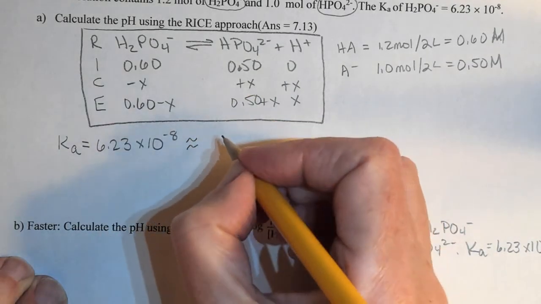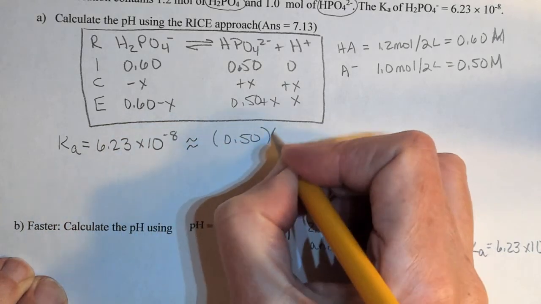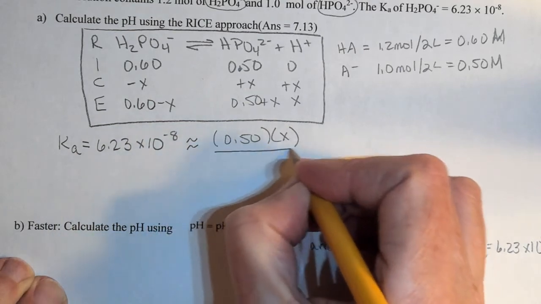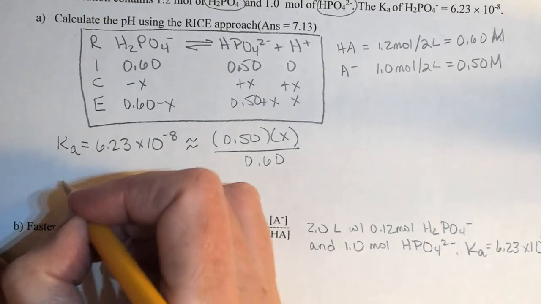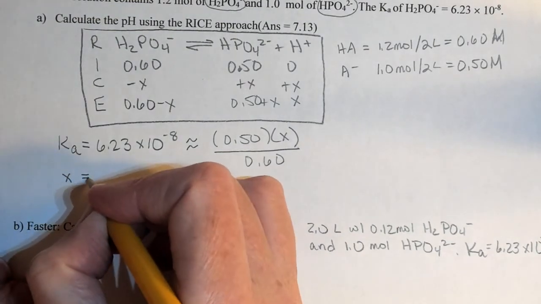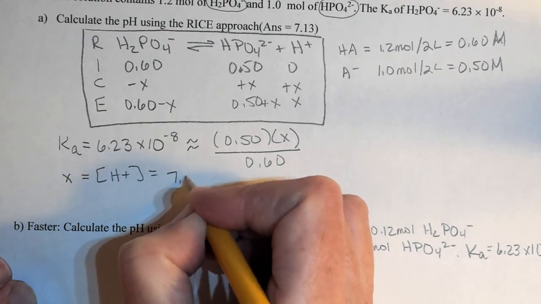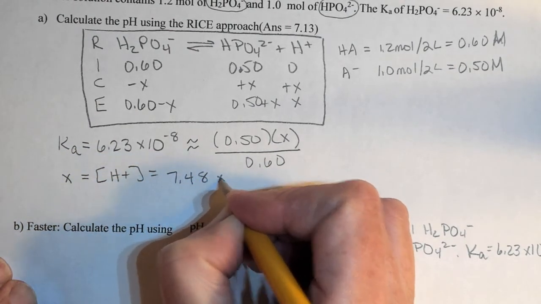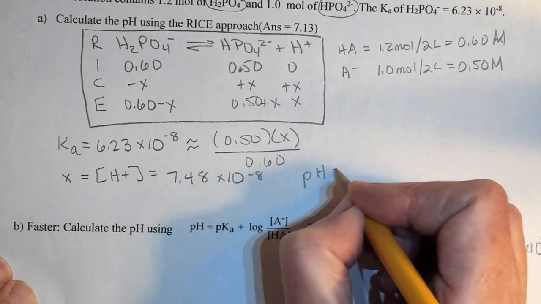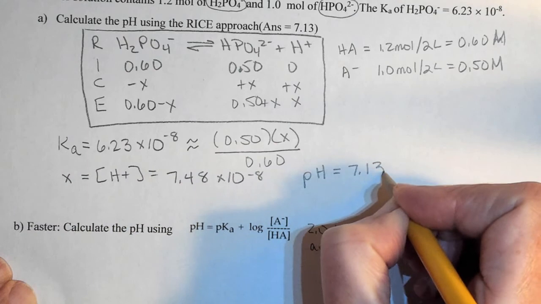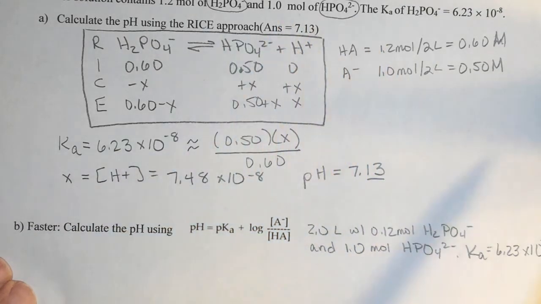Really should write that down. So we're going to have 0.50 and X in the numerator and 0.60. X is going to be equal to our hydrogen ion concentration, which is equal to 7.48 times 10 to the negative 8th. Therefore, our pH is going to be 7.13. I only have 2 significant figures because I'm going back to my original data.